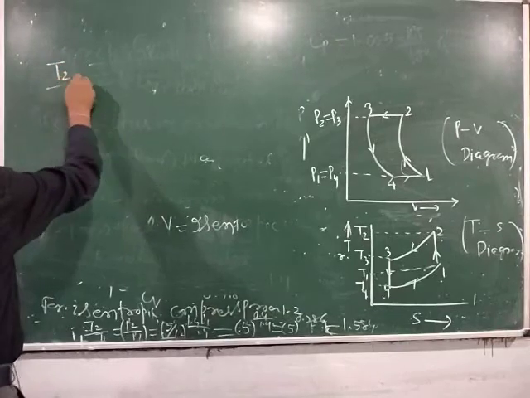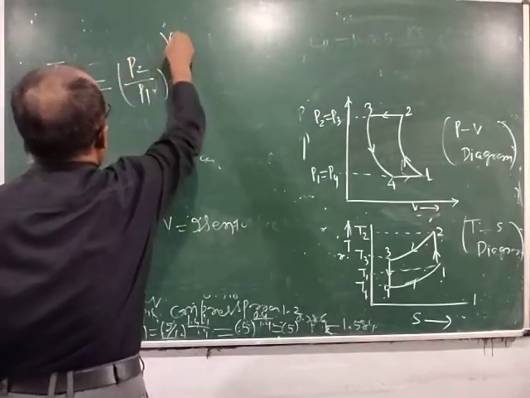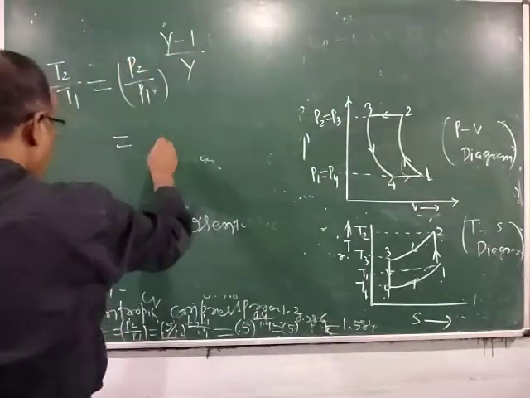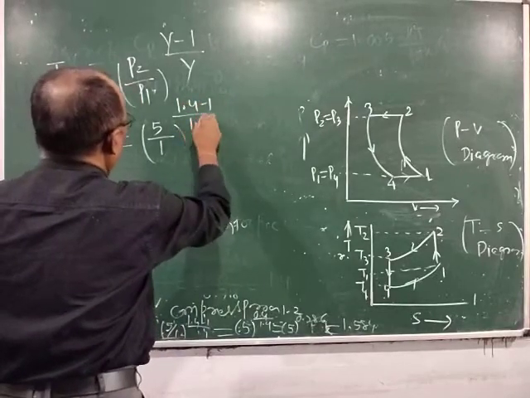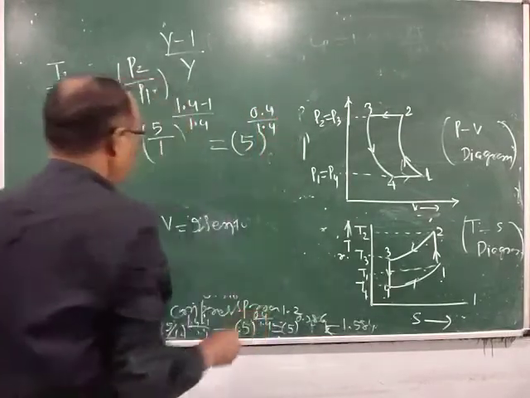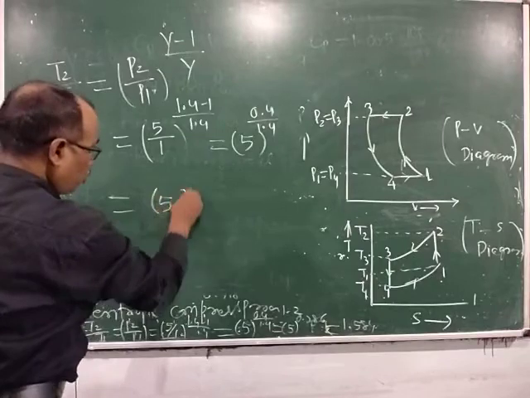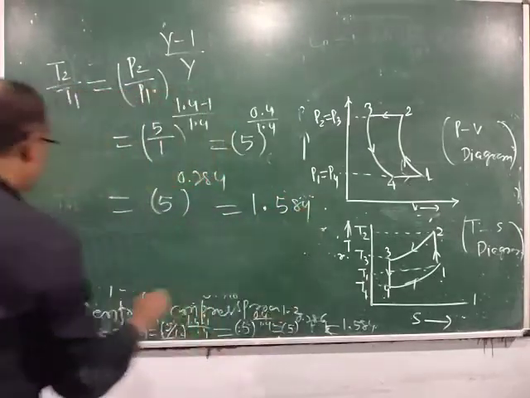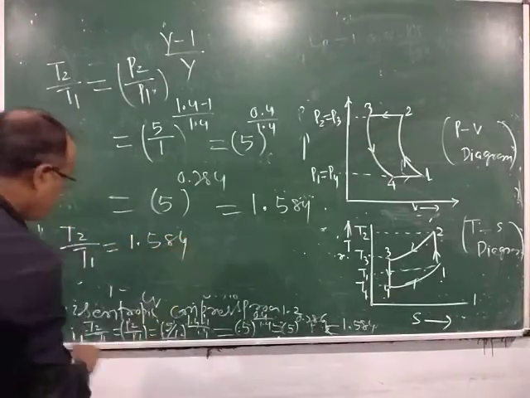We know that T2 by T1 is equal to P2 by P1 to the power gamma minus 1 by gamma, but P2 is equal to 5 divided by 1 to the power 1.4 minus 1 by 1.4 is equal to 5 to the power 0.4 by 1.4 is equal to 5 to the power 0.286 is equal to 1.584. That means T2 by T1 is equal to 1.584.